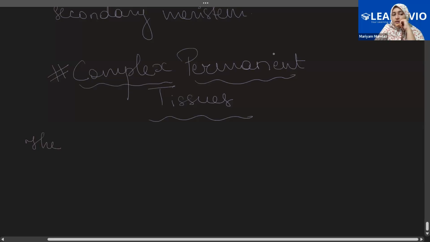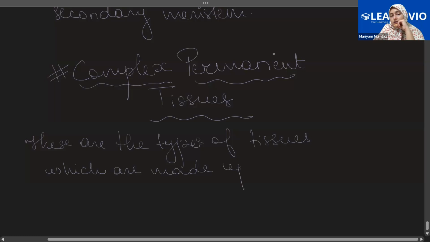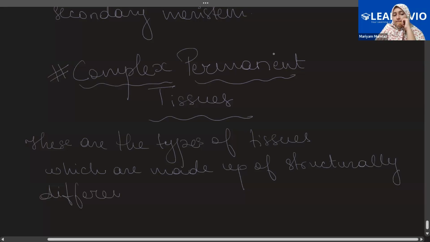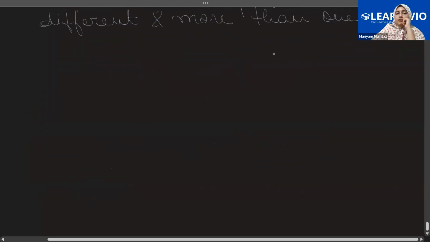So talking about the complex permanent tissue, these are the types of tissues which are made up of structurally different and more than one kind of cells.